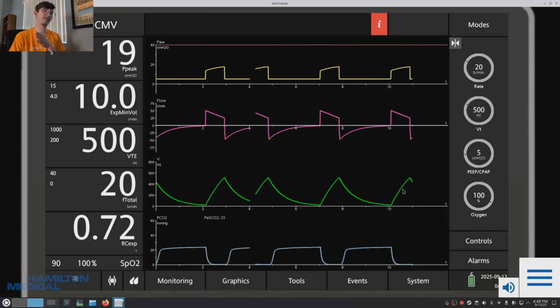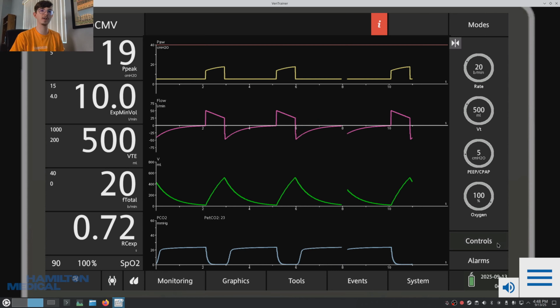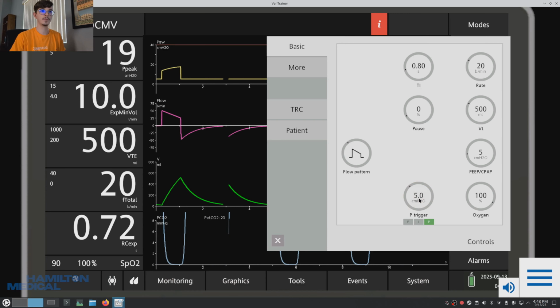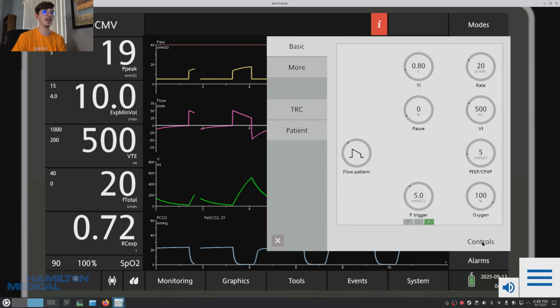Now, if it still appears to be triggering at a pressure trigger of 2, I would turn it up a little bit, to say, like 5. Once again, if your patient's really, really frail, it still might be a little hard to trigger on 5, but most of the time, your patient will still be able to trigger at a level of 5.